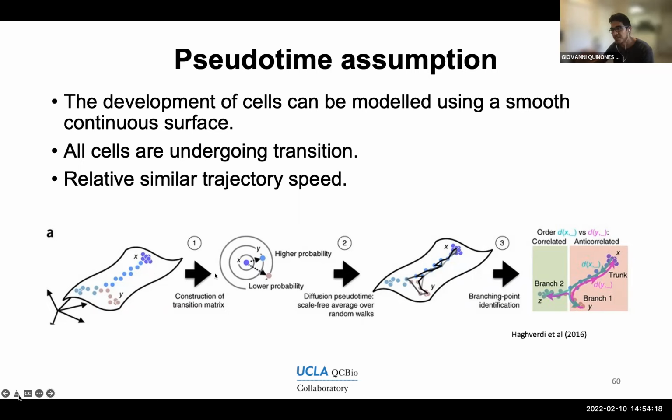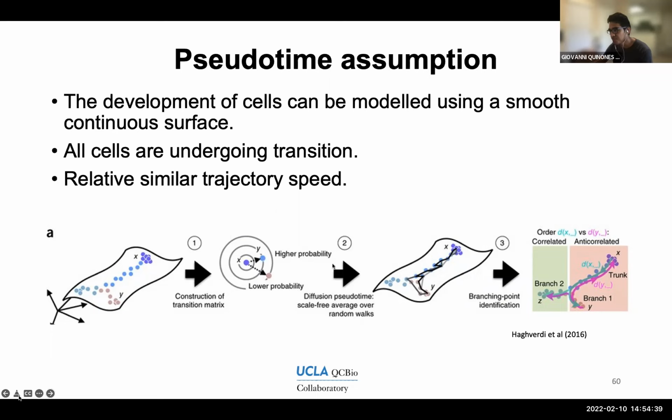Once you have figured out the manifold, the next step is to construct a transition matrix, for which there are statistical methods to figure out the transitions going from point X to Y or to Z and assign them a weight, a probability.